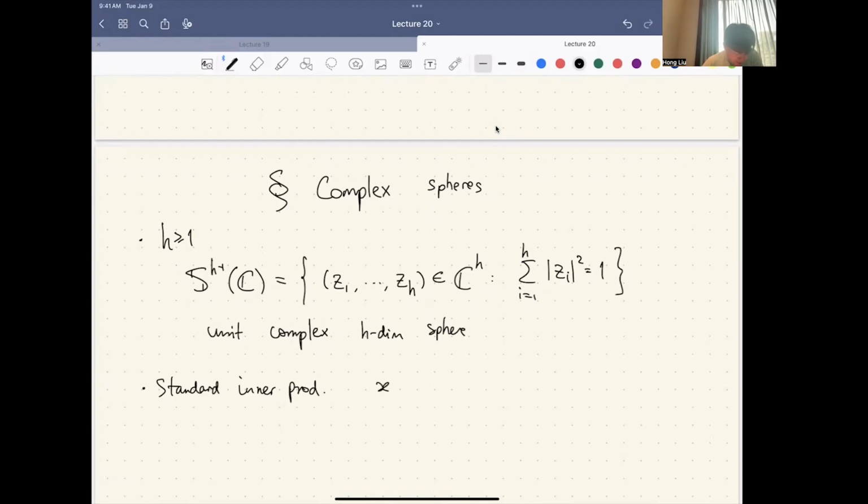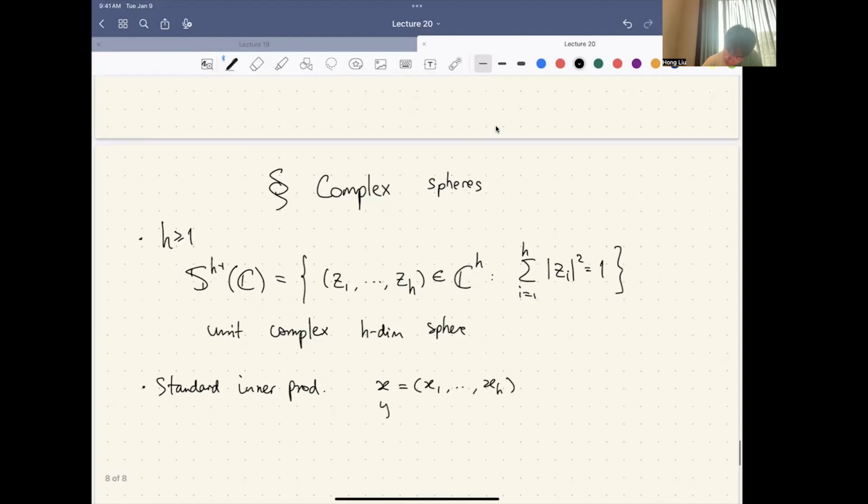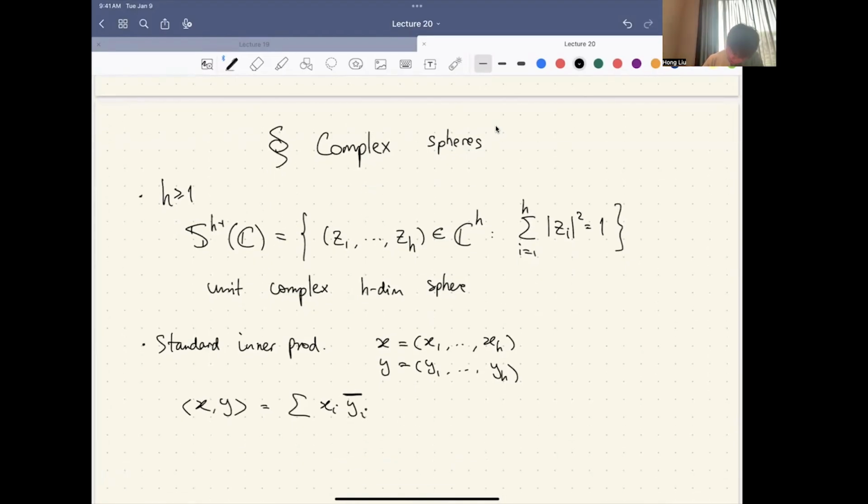If you have x, complex numbers x_1 to x_h, and y, y_1 to y_h, then the inner product for two complex vectors, you multiply each coordinate x_i with the conjugate of y_i, i from 1 to h.